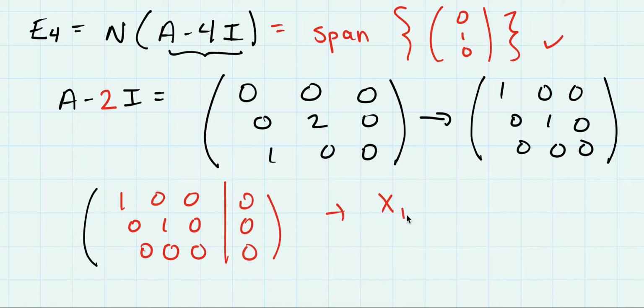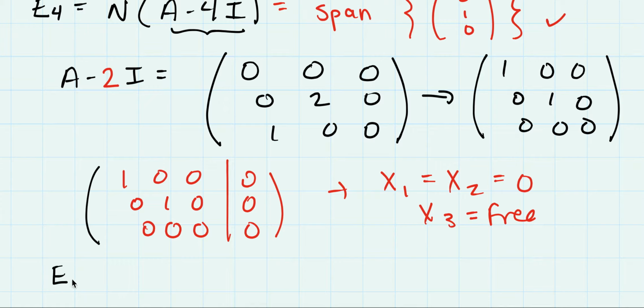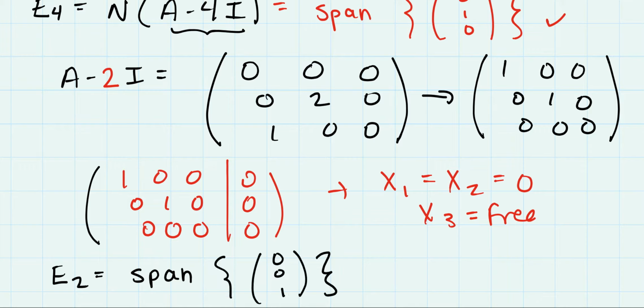We get that x1 is equal to x2, which is 0, and x3 is free. So E2 is equal to the span of 0, 0, 1.